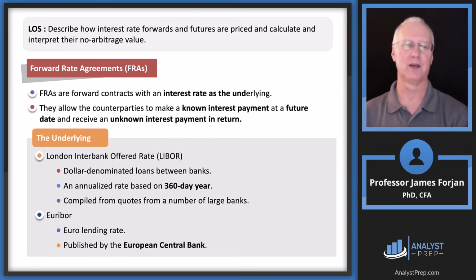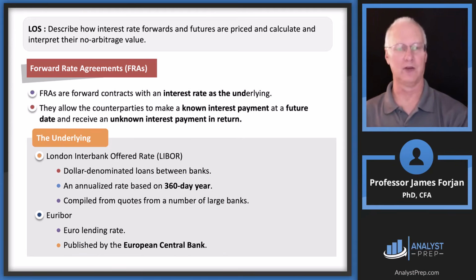So let's go ahead and talk about some of these underlying assets. The London Interbank Offered Rate, I'm guessing most of you know that by the end of 2021, this LIBOR interest rate is not going to be the accepted underlying interest rate for a variety of reasons. That's a conversation for another day. And so we're moving to other kinds of underlying interest rates.